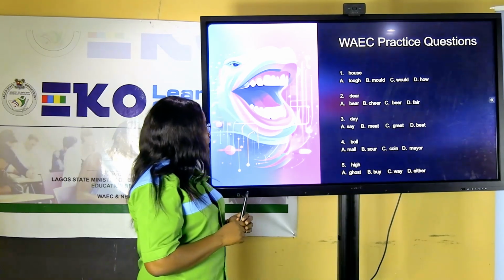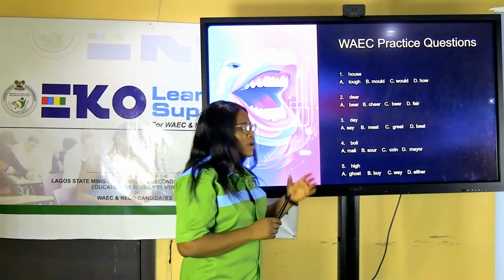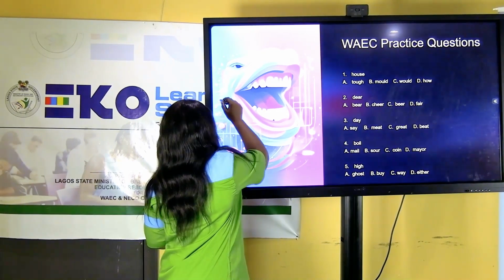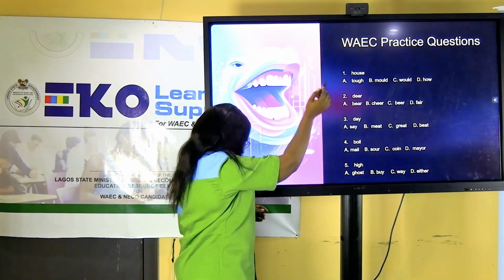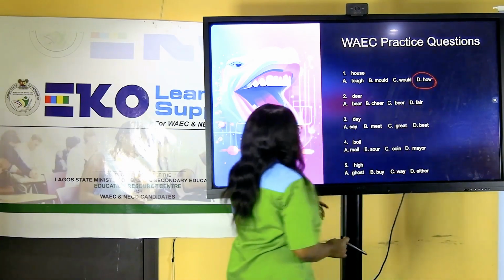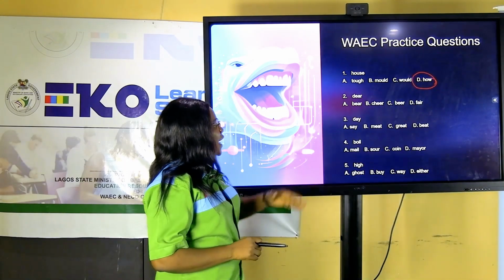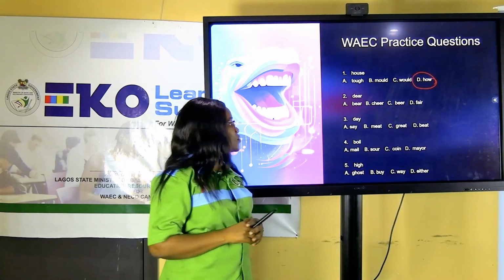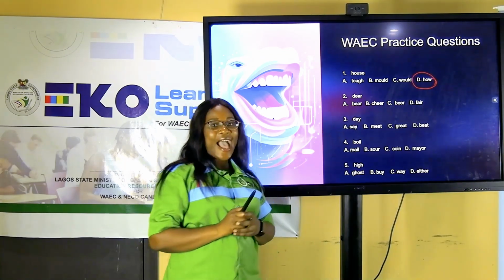Beautiful. What word has that sound? Of course, it's no other than option D, how. It can be tough, it can be mold, and it can be wood. So our answer is how.